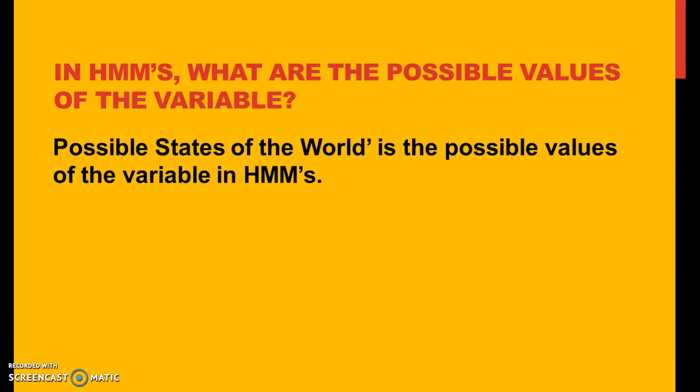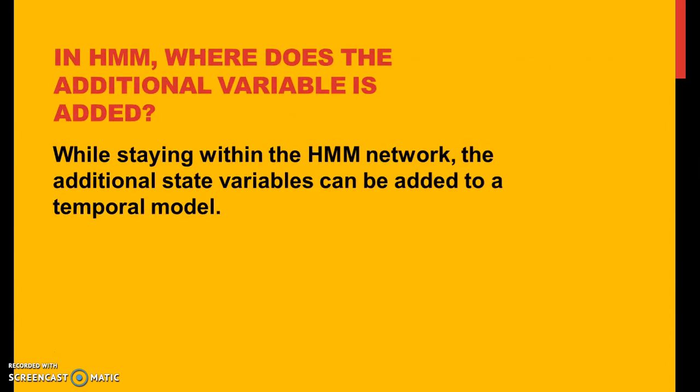The possible states of the world are the possible values of the variable in HMMs. In an HMM, where is the additional variable added? While staying within the HMM network, additional state variables can be added to a temporal model.